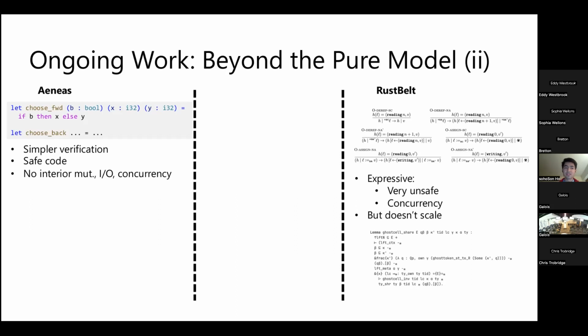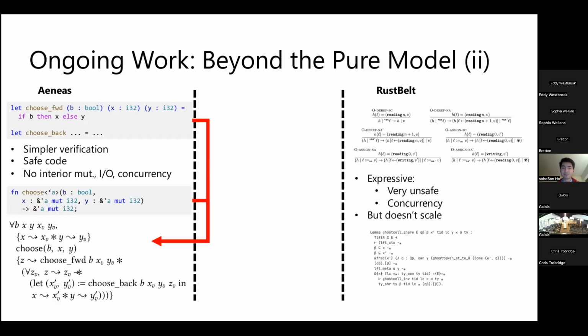Now, there is something interesting about our functional encoding, which is that there is a natural link we can make between those forward and backward functions and the original Rust code by means of separation logic. So, for instance, in the case of the choose function, we can see it as satisfying this Hoare triple. So it consumes two pointers, which are disjoint in memory, x and y, and it gives you a new pointer whose value is given by the forward function.